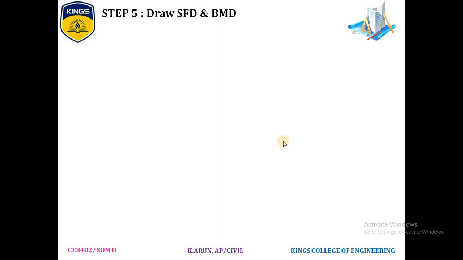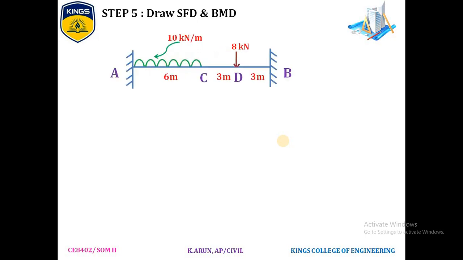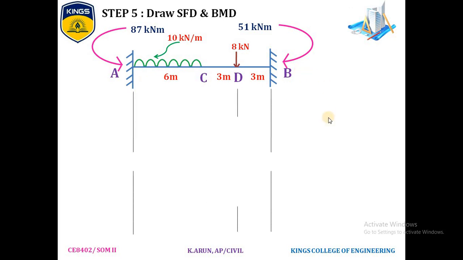So the next step is to draw the shear force diagram and bending moment diagram. This is the fixed beam here, and I am drawing the moments here, 87 kilonewton meter and 51 kilonewton meter. Next step is to draw the baseline. First I am going to draw the shear force diagram.